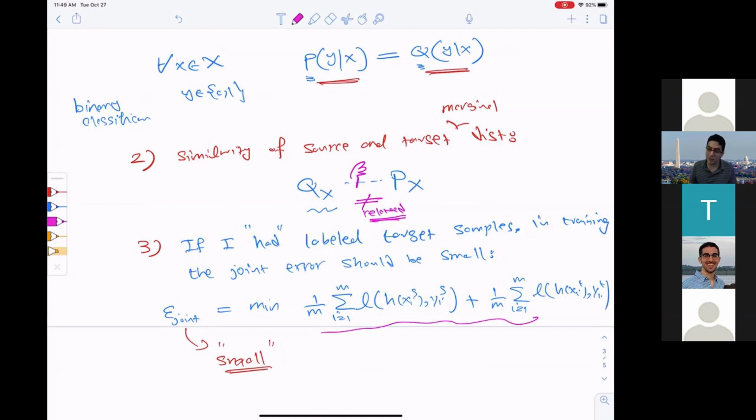So you cannot ignore the marginal distribution on X because those are your training samples. In regular training we didn't worry about it because the assumption was that source and target come from the same distribution, but here your marginal distributions are different. I understand. Thank you. Sure.